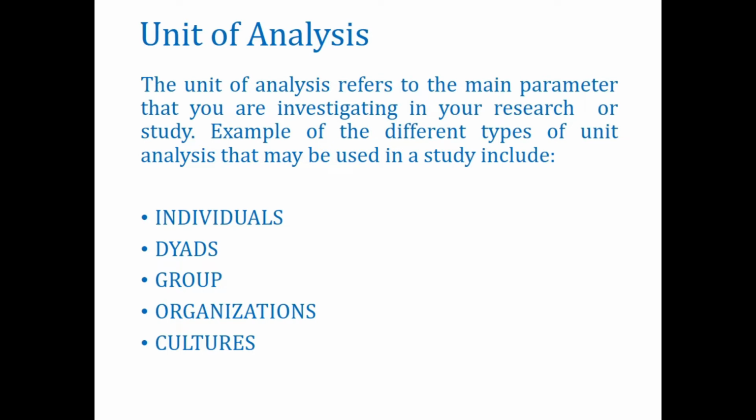However, if the problem statement is related to group effectiveness, then the unit of analysis would be at the group level. In other words, even though we may gather the relevant data from all individuals comprising, say, 6 groups, we would aggregate the individual data into group data.